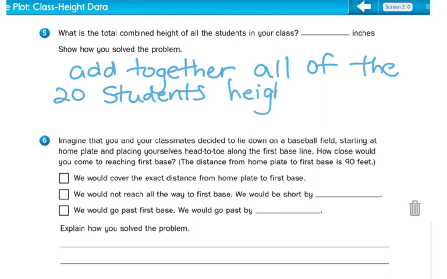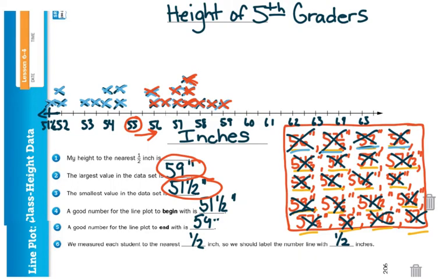Now here's what I'm going to do. I want you to use a calculator. Instead of using a half, it is the same thing as 5/10. So whenever I see someone that's 57 and a half, I'm going to put 57.5. So we are going to go ahead and add together all of these heights. So get your calculator ready.